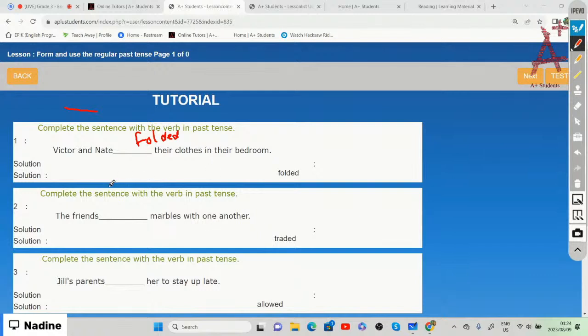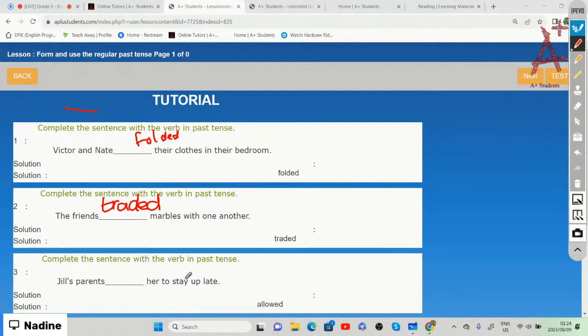The friends traded marbles with one another. And traded also ends in ed. Folded is in ed, and it basically shows the regular past tense form, right?